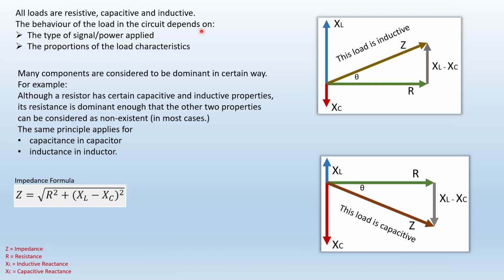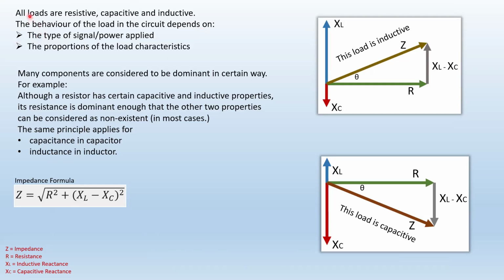It's just which quantity of the specific component that we designed and produced is the dominant part of it. So in a capacitor, the dominant quantity is capacitance. The resistance and the inductance that is there are so small that they can be completely ignored.